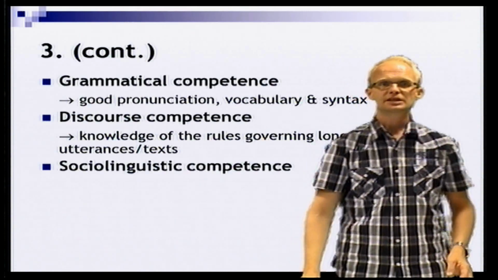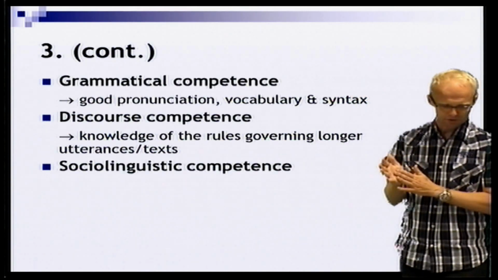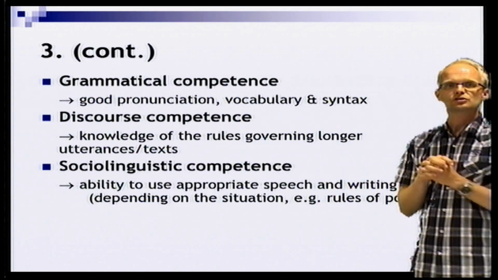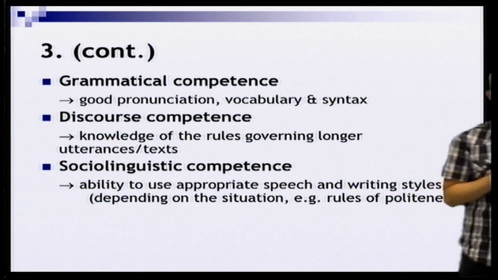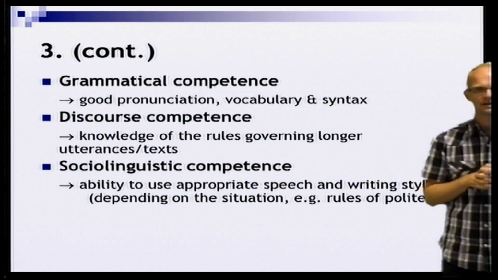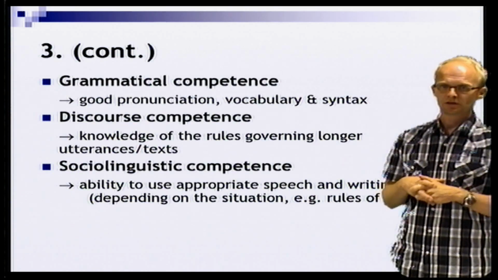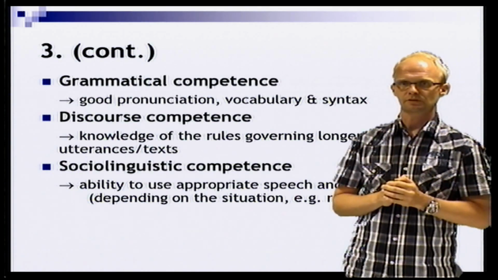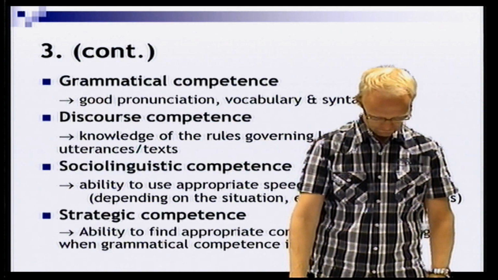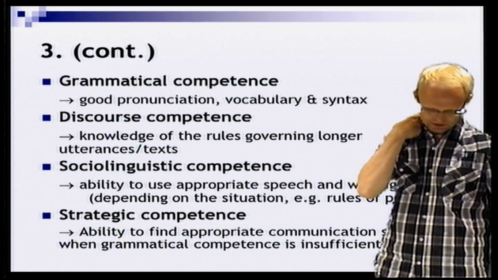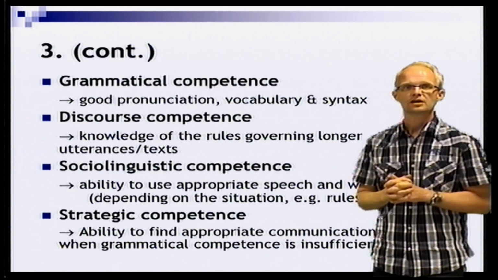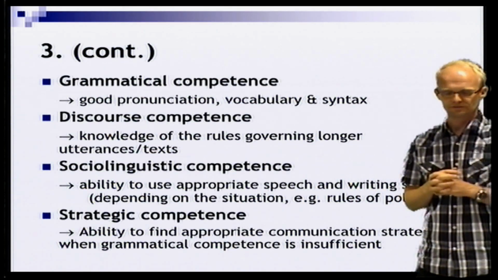Thirdly, they say you need to have sociolinguistic competence, which can be defined as the ability to use appropriate speech and writing styles, formal, informal, and so on, depending on the situation, such as rules of politeness, for example. And fourthly, strategic competence, the ability to find appropriate communication strategies when grammatical competence is insufficient.